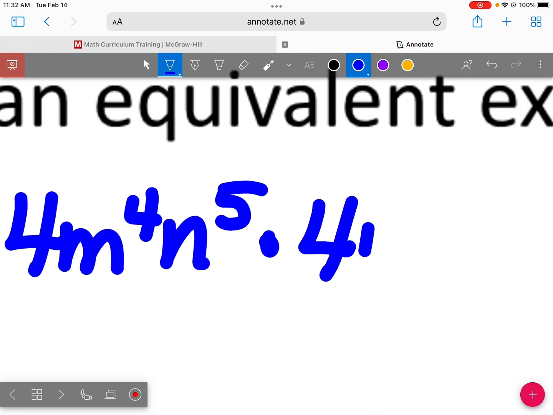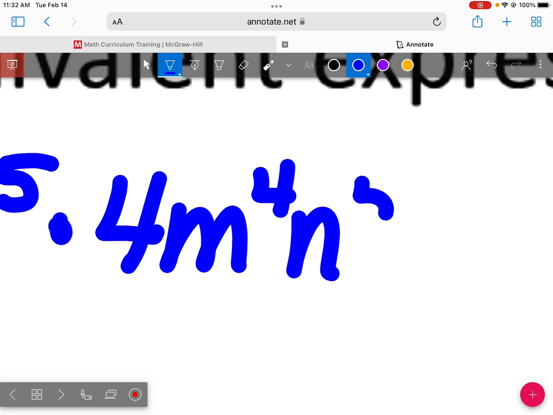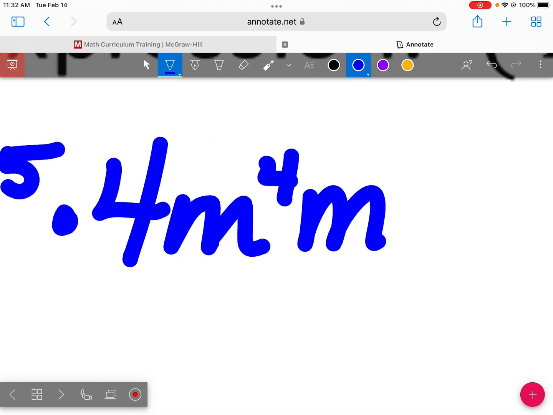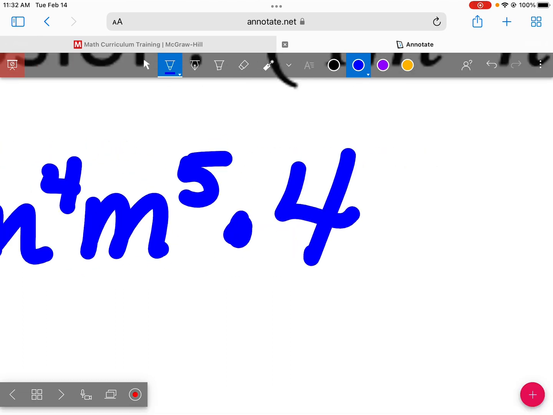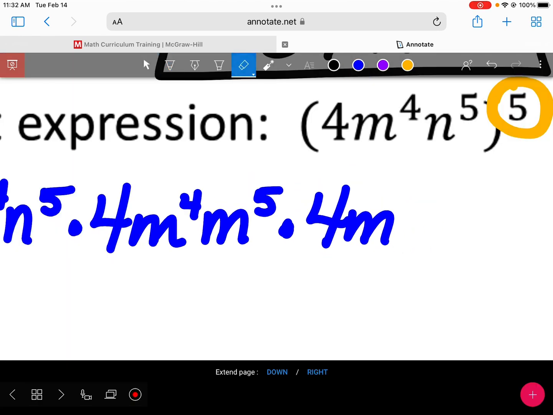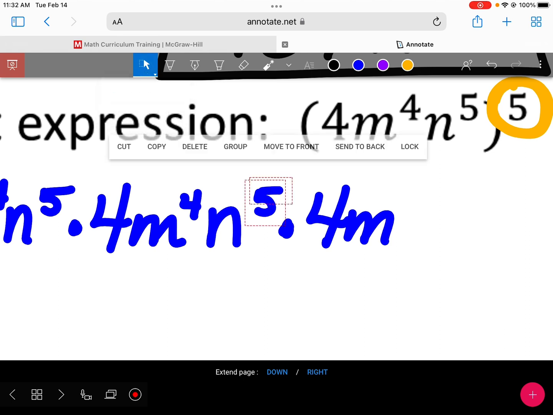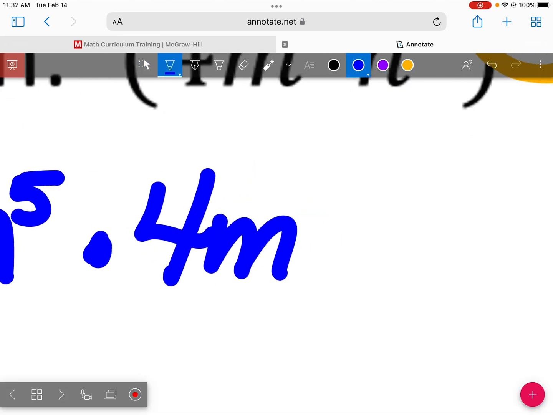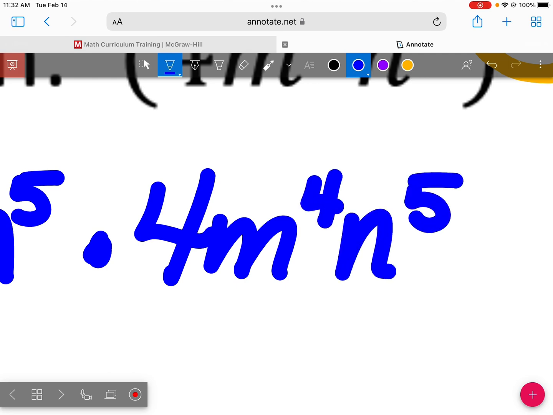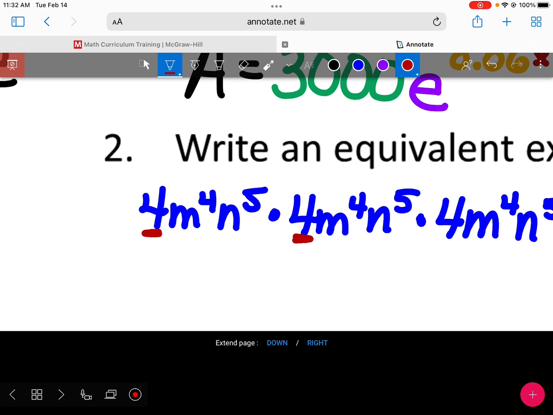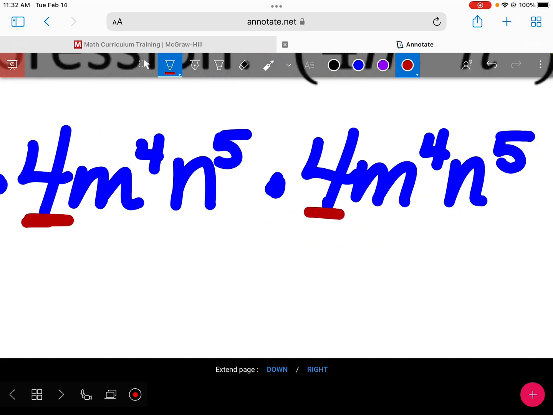Do this 5 times. When I'm looking at this, how many times have we multiplied 4 to itself? 5 times. 1, 2, 3, 4, 5.